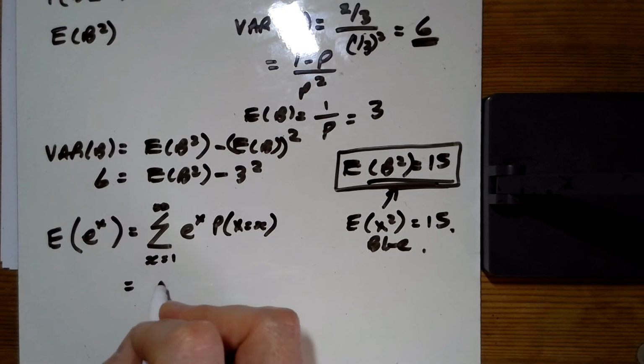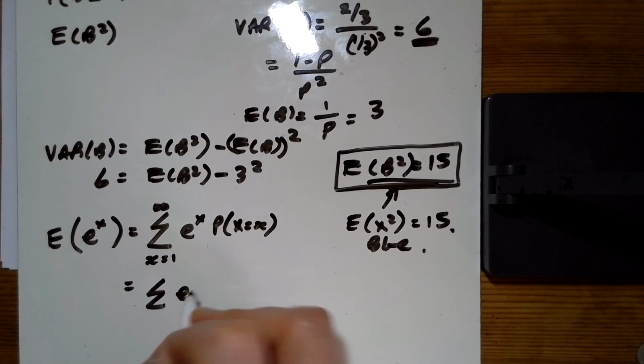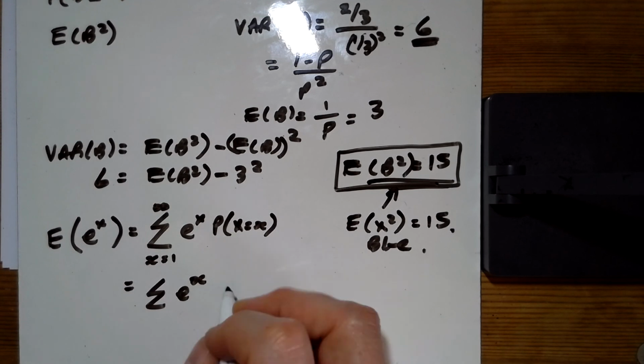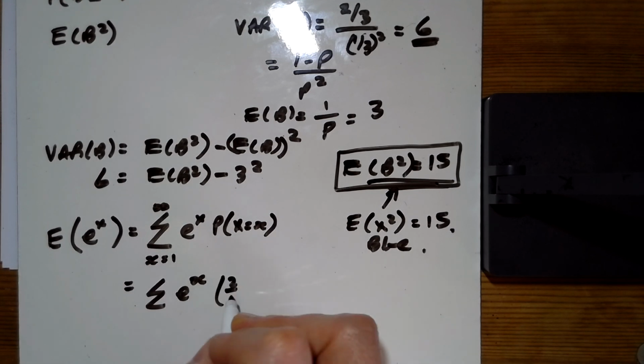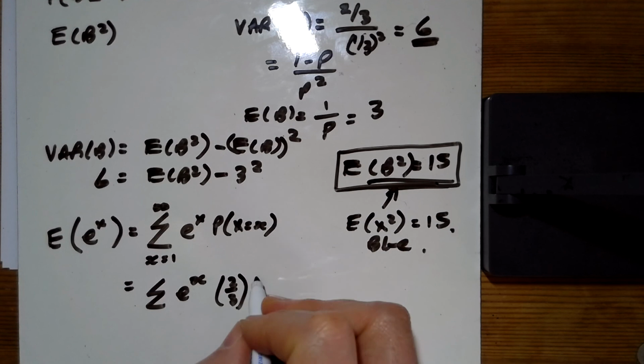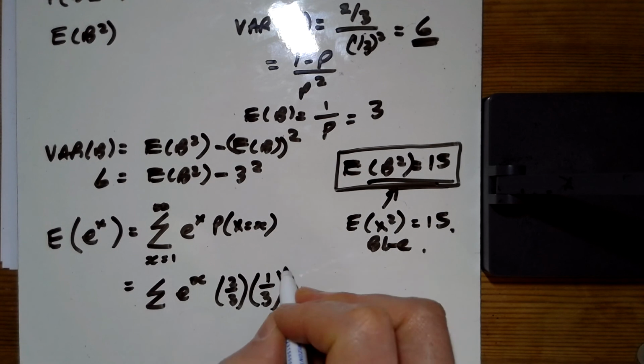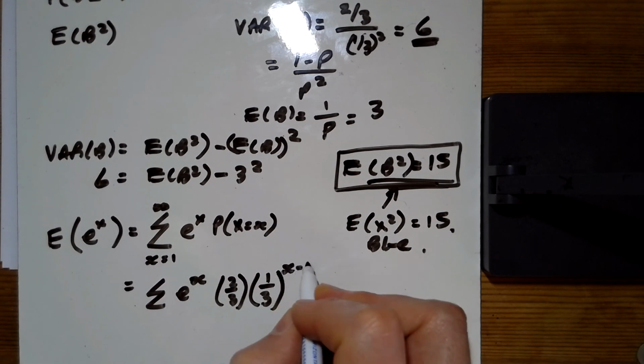Now the probability of getting this in x goes is 2/3 times by 2/3 to the 1, because you're only going to get it once, times by 1/3 to the x take away 1.